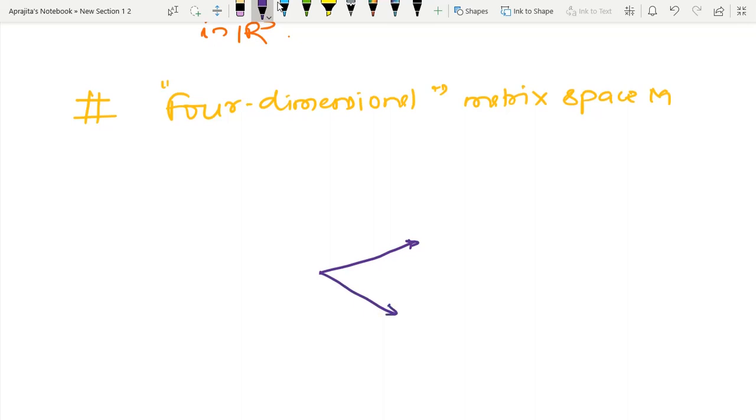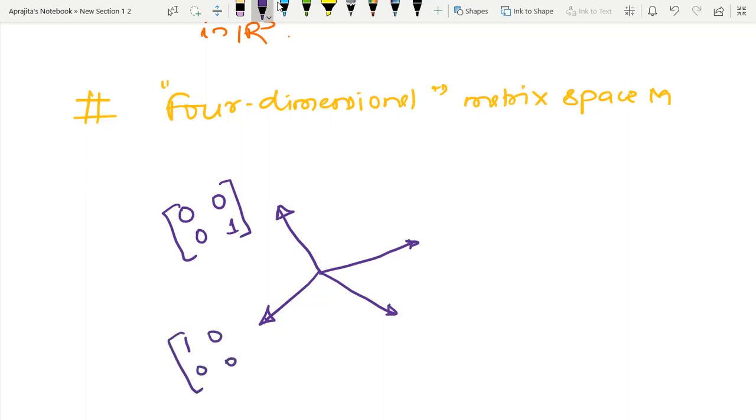So I'm going to denote four components like this. One component is like this, another component may be like this, another one is like this, and the last one is like this.